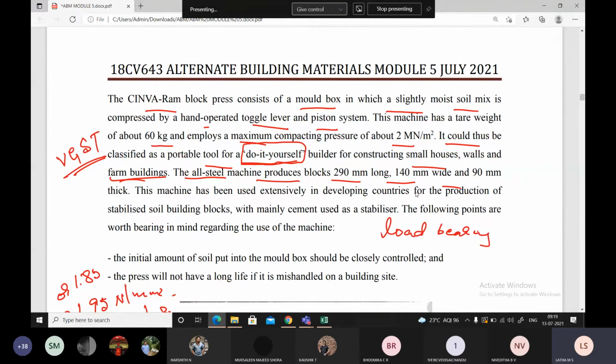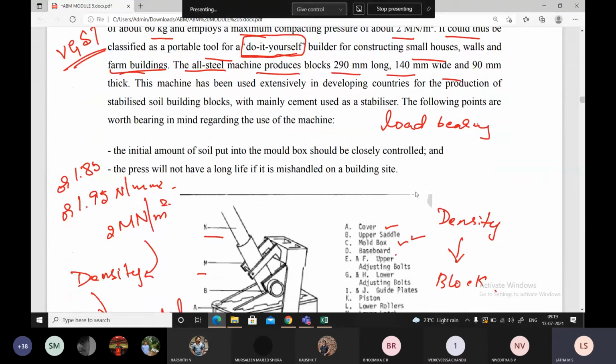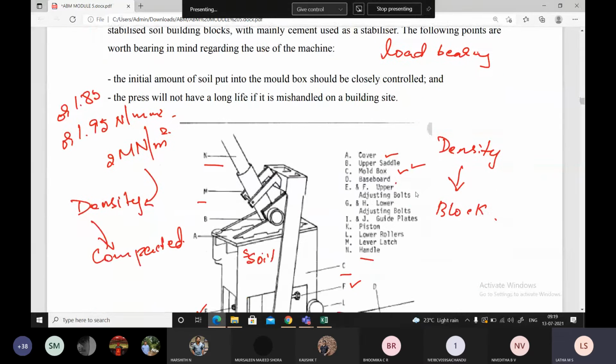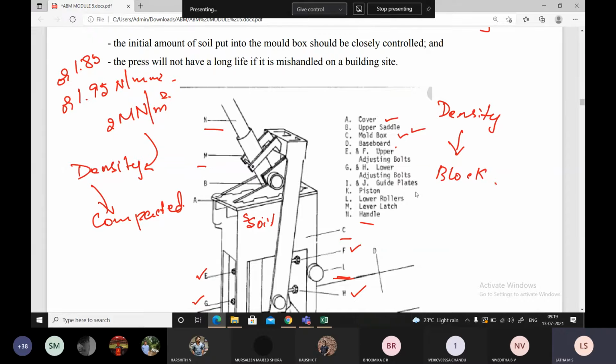The points worth bearing in mind regarding the use of the machine: the initial amount of soil put into the small box should be closely controlled, and the press will not have a long life if it is mishandled on a building site.